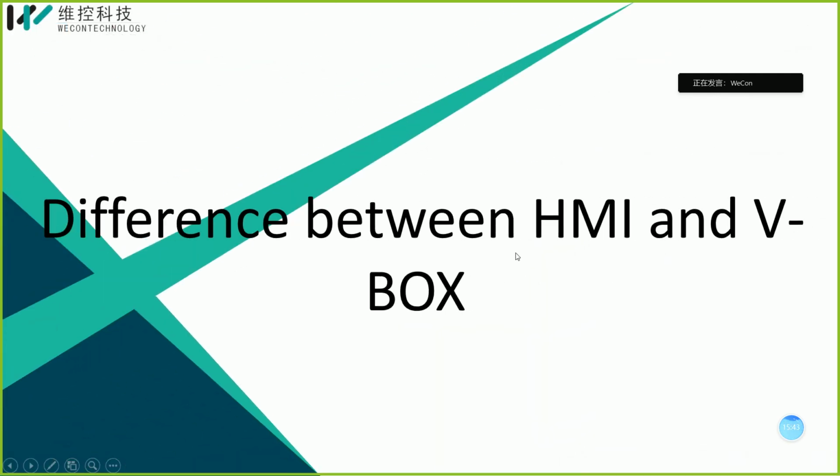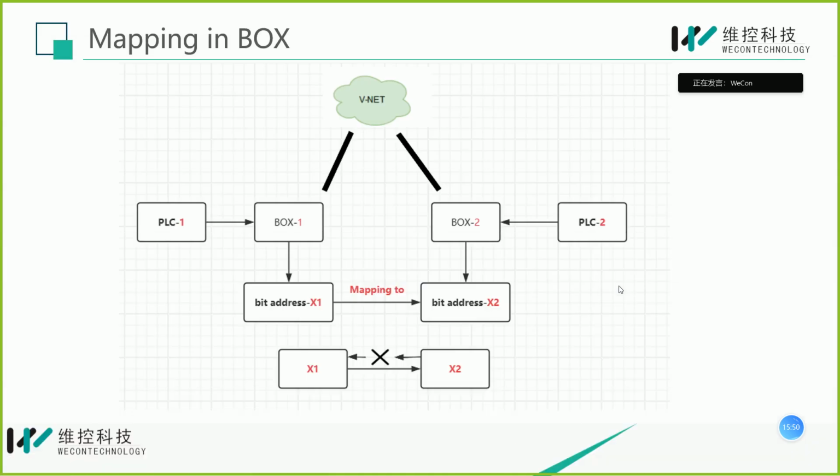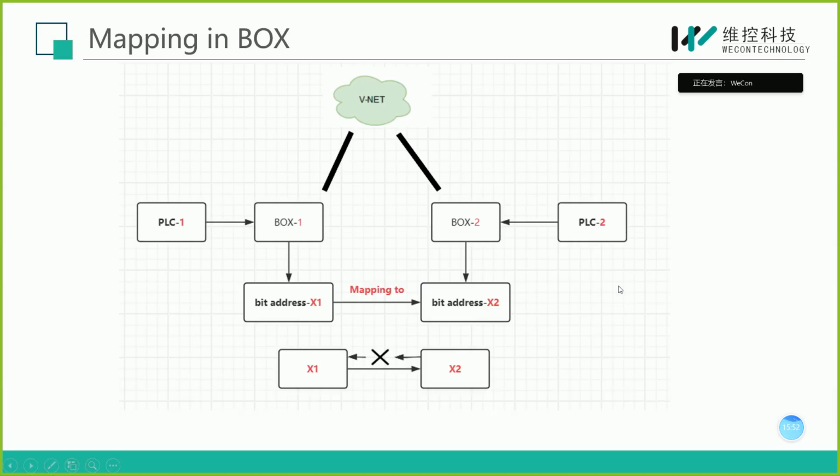The last part is the differences between HMI and Webox. Our Webox also supports a mapping function, but there are some differences between them. So let me introduce Webox mapping simply. I made a picture about mapping in Webox, and the picture shows the whole process of mapping.